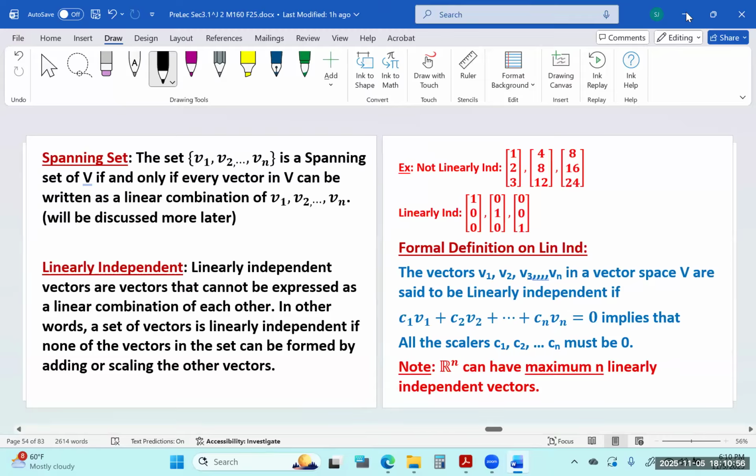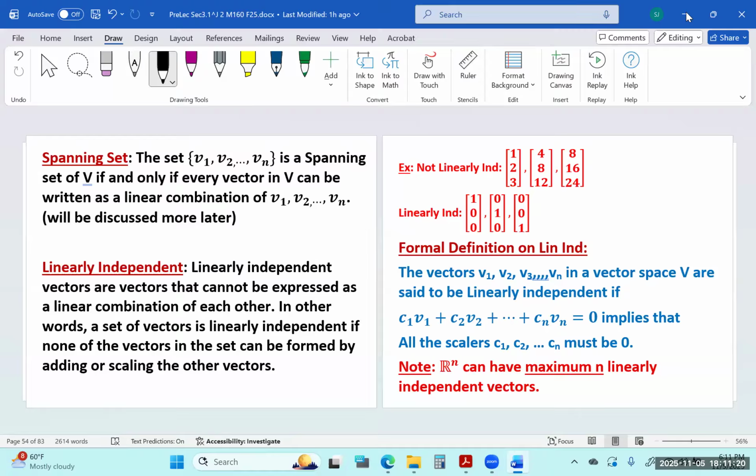Okay, so for example, if you have three vectors, 1, 2, 3, 4, 8, 12, 8, 16, 24, you can clearly see they are not linearly independent, right? Because if you multiply 1, 2, 3 by 4, what do you get? The second one. And if you multiply this by 8, you get the third one.